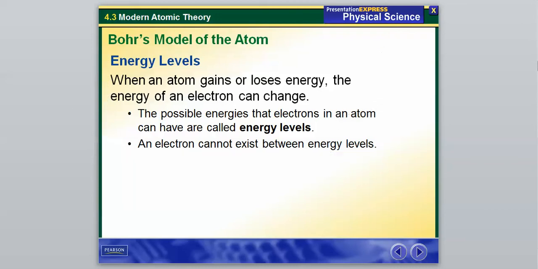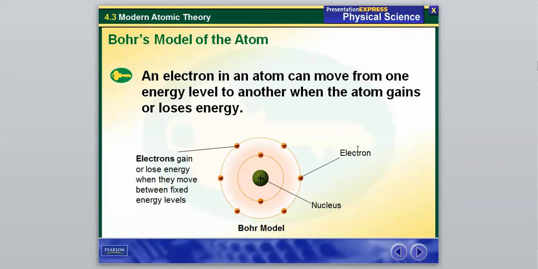Each energy level is like a different path, like a different planet orbiting the sun. If you look here, we have the nucleus, and there are two energy levels surrounding it. We have 2 electrons in our first energy level, and 1, 2, 3, 4, 5, 6 electrons in our second energy level. When atoms gain or lose energy, electrons can jump between these two rings.